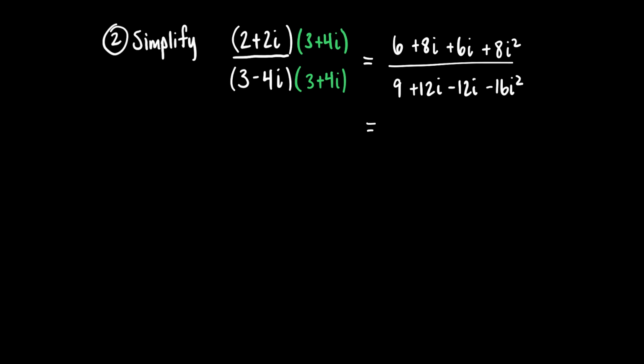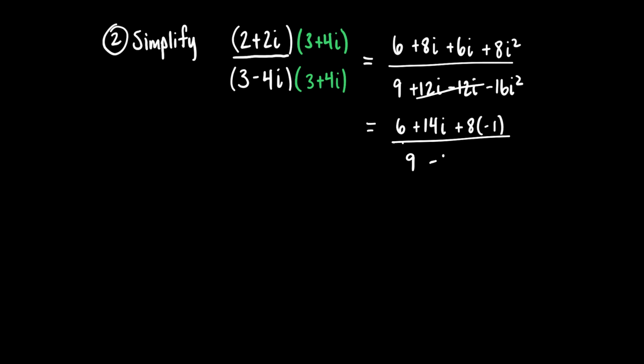So we're just going to simplify here. On the top, we'll have 6 plus 14i. And how about in the same step, we put plus 8 times, and then instead of writing i, we'll put negative 1 there. Okay? And on the bottom, we've got 9 plus 12i minus 12i. So those are going to cancel each other out.